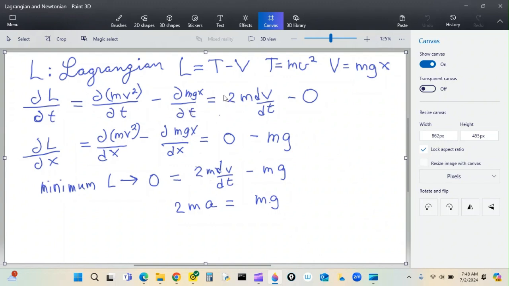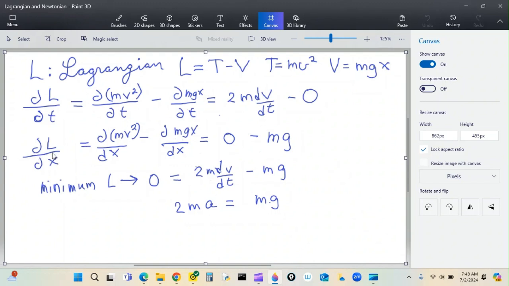So if we take the derivative, take the 2 using the exponent rule, take the 2 out front, that's going to give us 2 times m times the derivative of velocity with respect to time. Okay? And the change in velocity with respect to time happens to be acceleration.